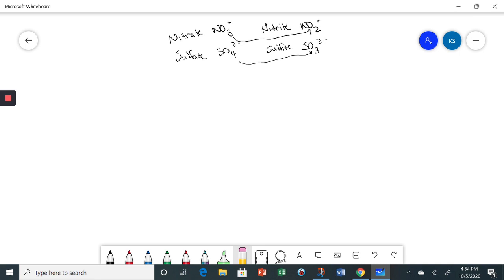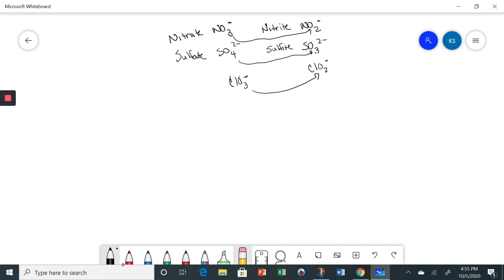See, I'm getting old. I forgot my chlorate versus chlorite versus hypochlorite versus perchlorate. Okay, so chlorate should be ClO3 minus. Chlorite should be ClO2 minus.